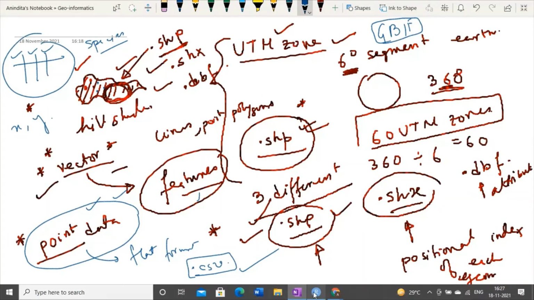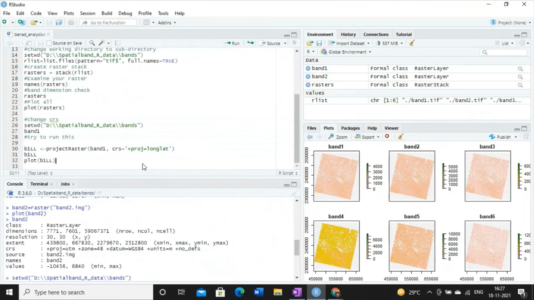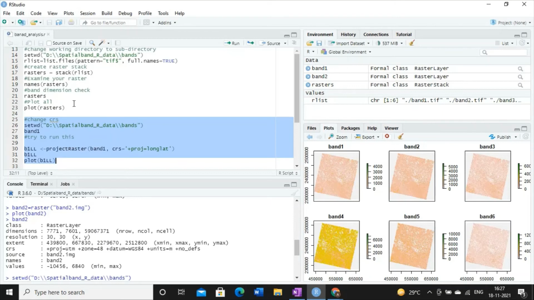What is our discussion? I am going to discuss this code. In the previous class, whenever we were doing the previous coding, we already studied how to read raster data using R and how to modify the CRS of the raster bands.